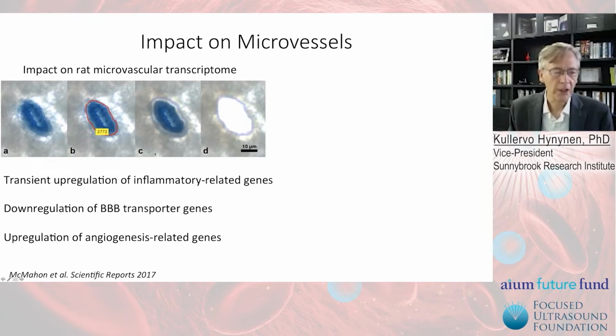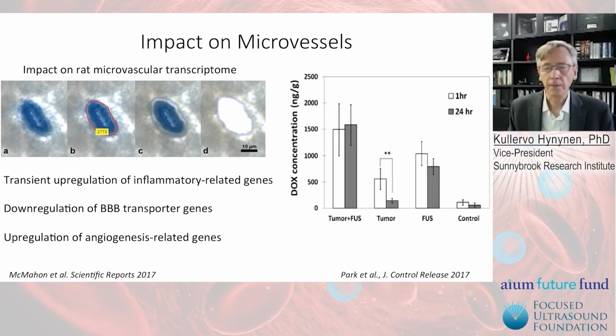What he found was that there is a transient upregulation of inflammatory-related genes in these vessels. So there is a transient inflammatory reaction. There was also a downregulation of blood-brain barrier transporter genes, and this means that the efflux pumps are inhibited, which is important for allowing drugs to stay in the brain. And there was also upregulation of angiogenic-related genes.